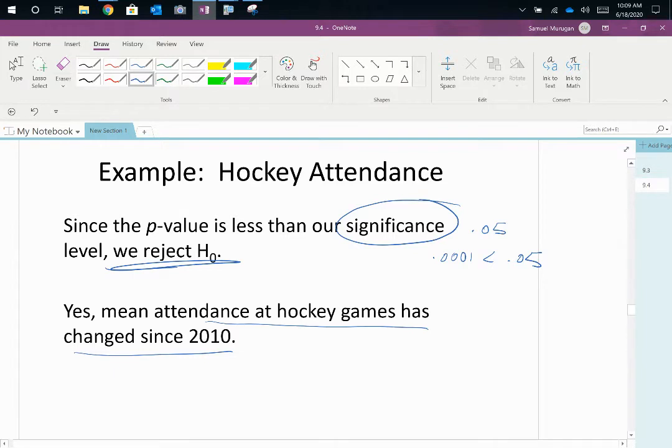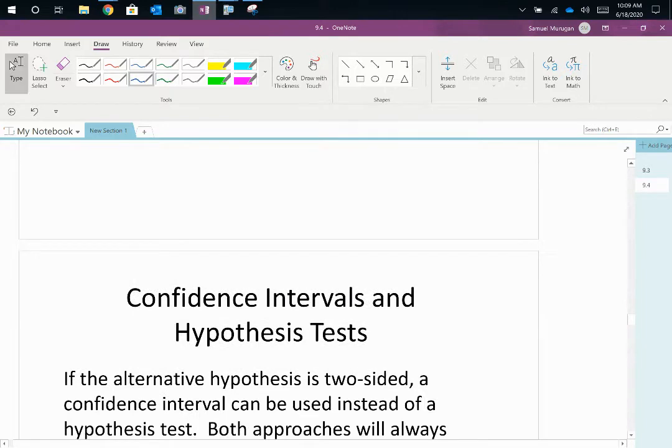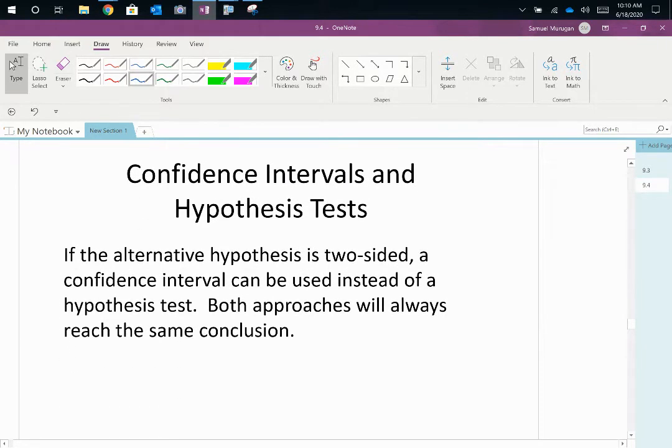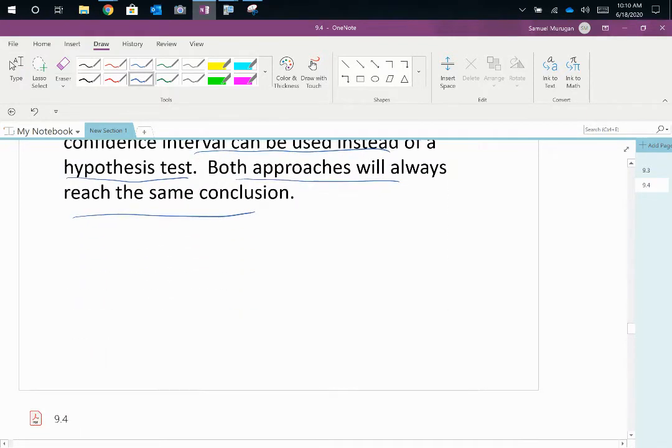Of course, we could see that from the data. You can actually see that it changed, but this is showing it statistically. Okay. If the alternative hypothesis is two-sided, a confidence interval can be used instead of a hypothesis test. Both approaches will always reach the same conclusion.